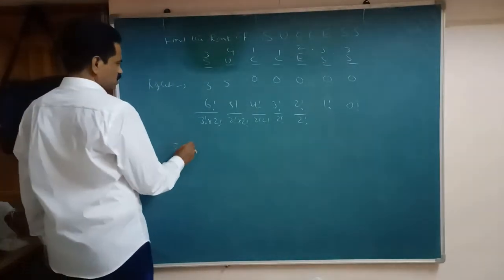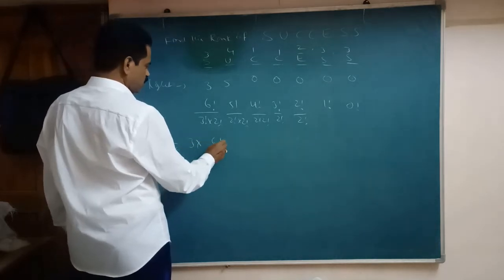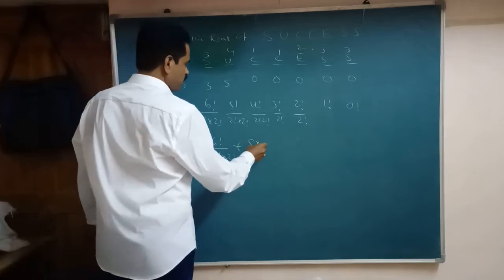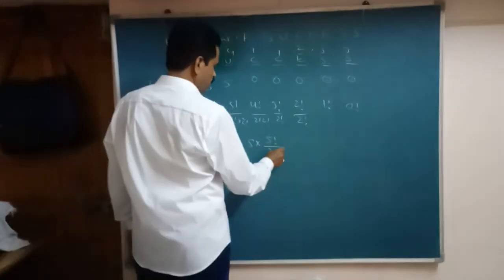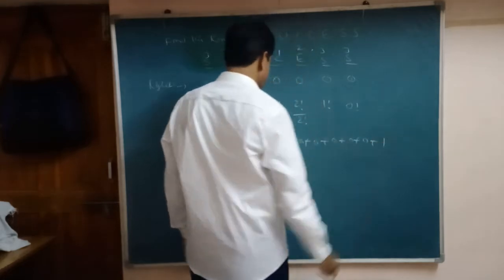So that is 3 into 6 factorial by 3 factorial into 2 factorial, plus 5 into 5 factorial by 2 factorial, 2 factorial, plus 0, plus 0, plus 0, plus 0, plus 0, plus 1.